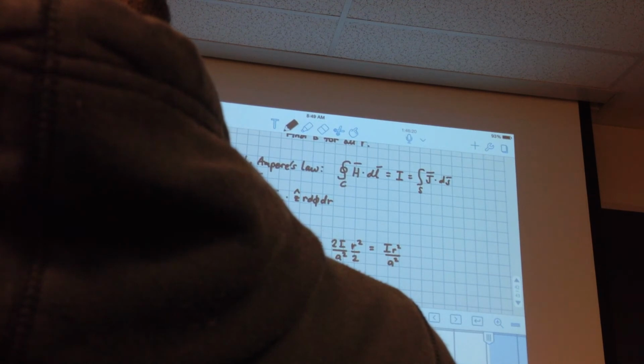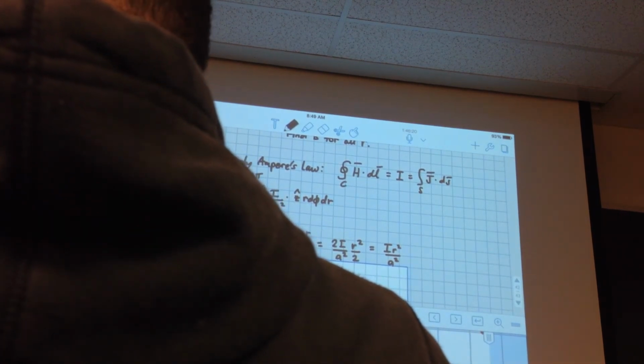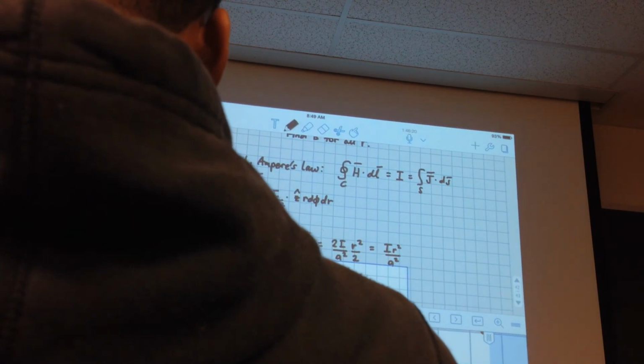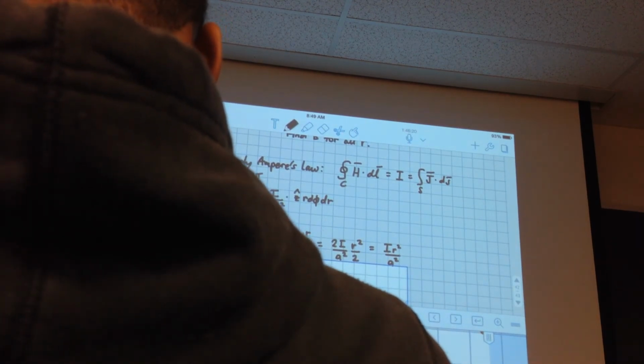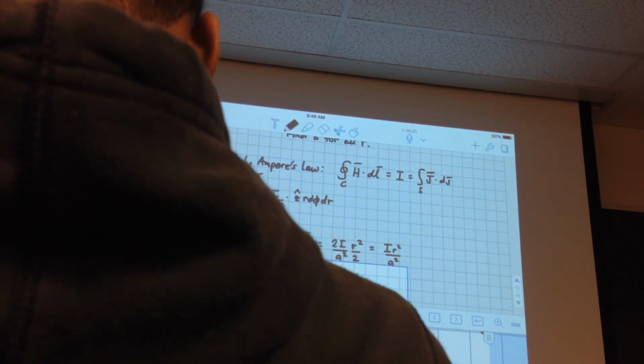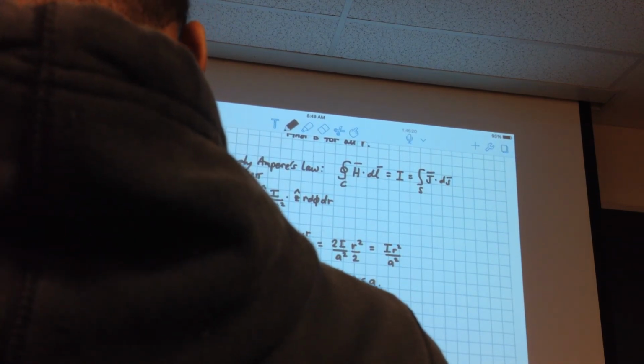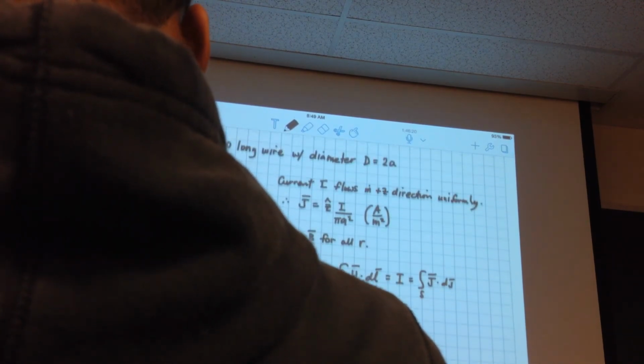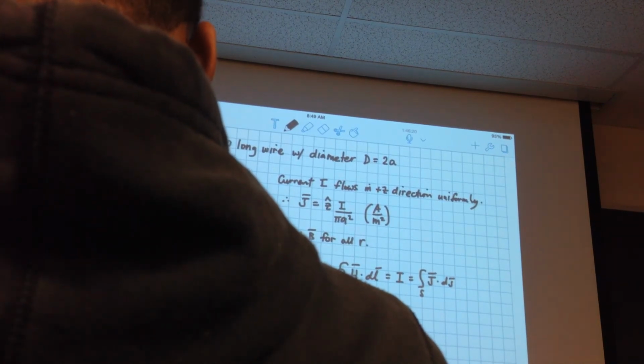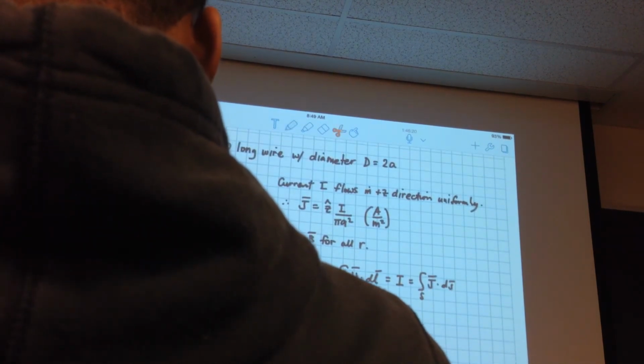Or the magnetic field is phi hat H phi, so it is phi hat I times r divided by 2 pi a squared. And that's true for r inside of your wire. Okay? All right. Now, what if we are outside of our wire?